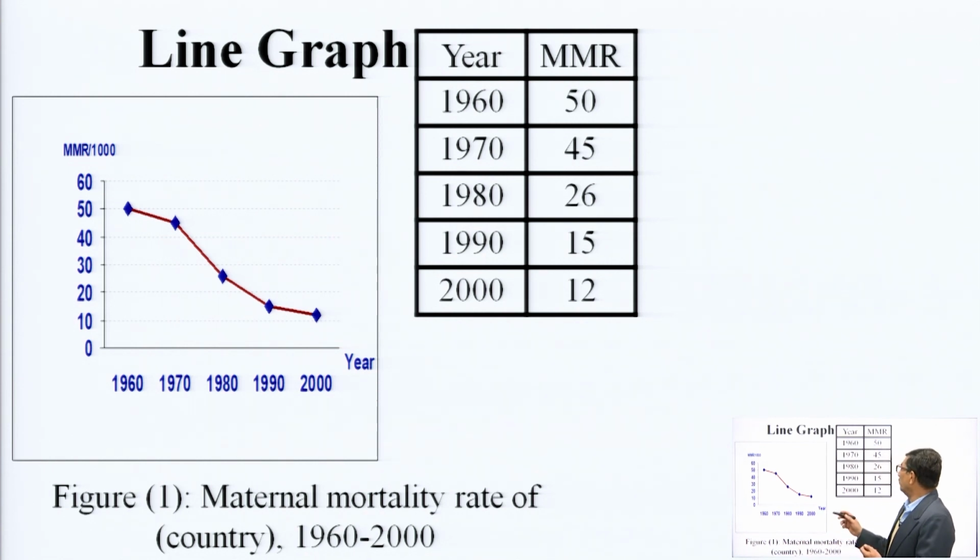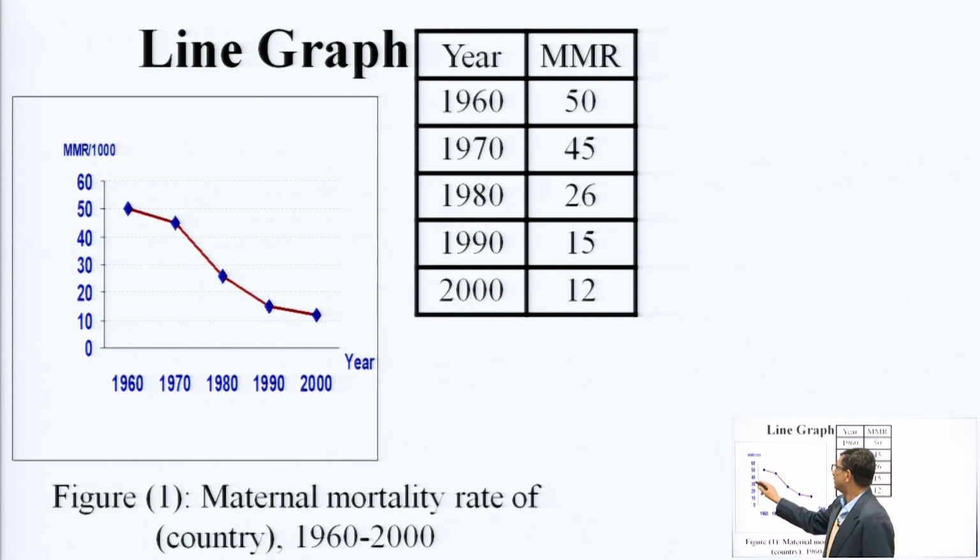So, we remember when we plot a line graph, we take the frequency on the y axis and the time or this variable on the x axis. So, this is the MMR per 1000, and here time is in years.